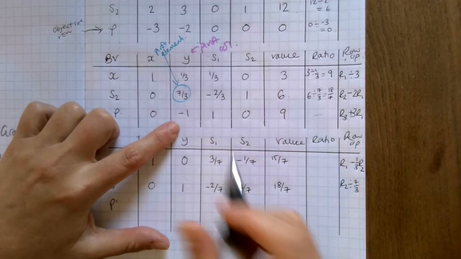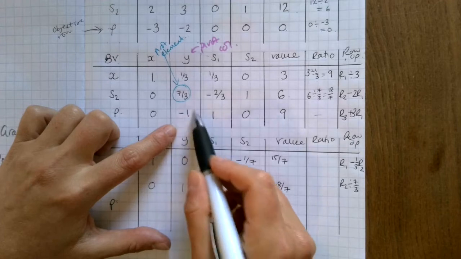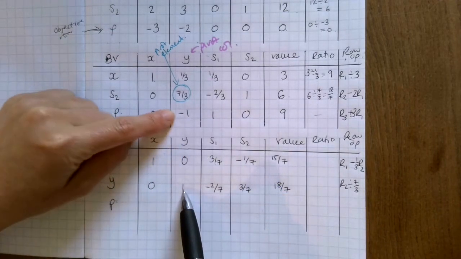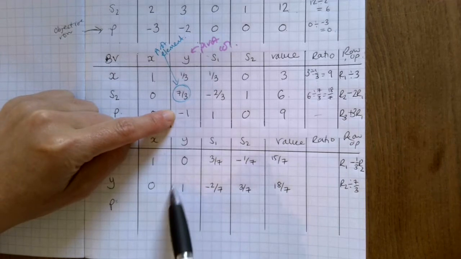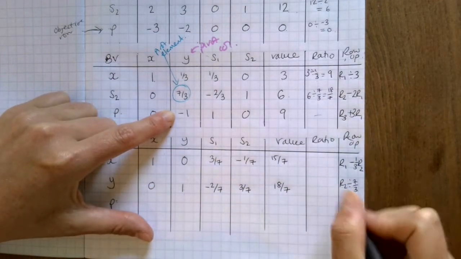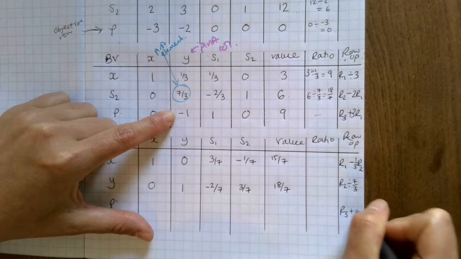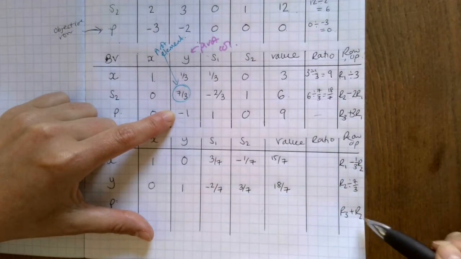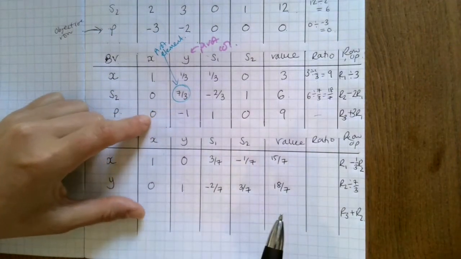And then the bottom one, I want to make that into a 0. So actually that's quite easy. I just add one lot of that. So it's just row 3, add my new row 2. So it's always like the old row, and then a multiple of the new one.